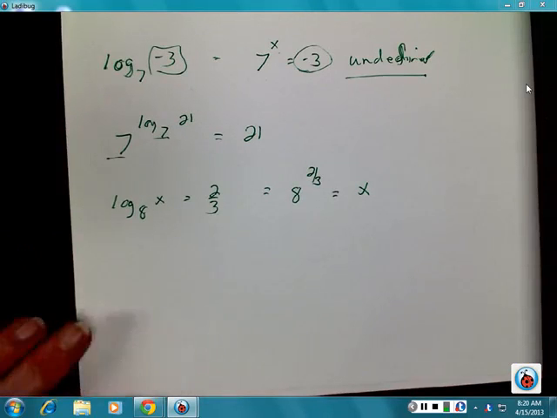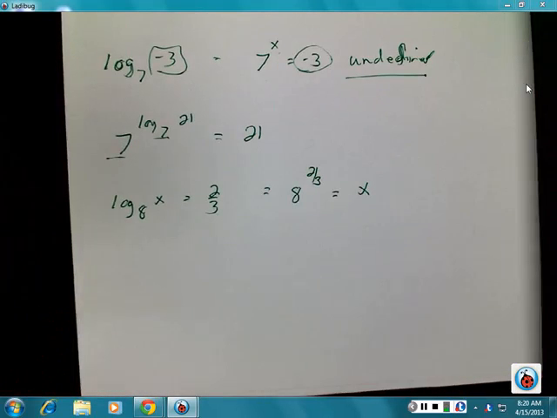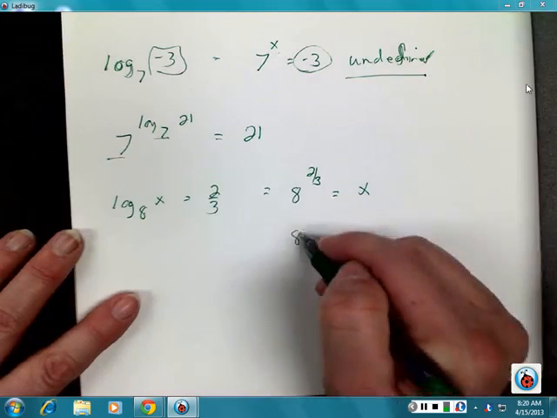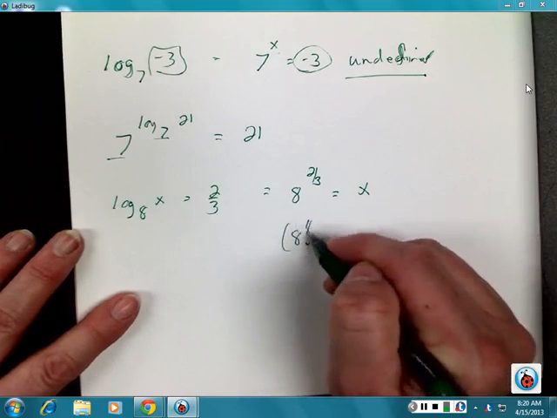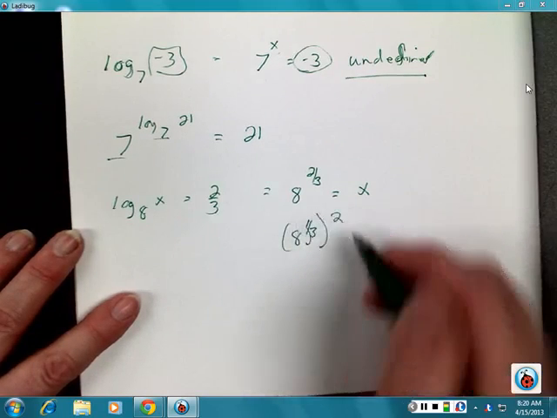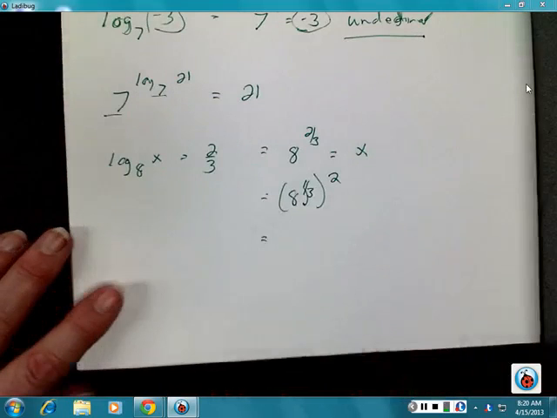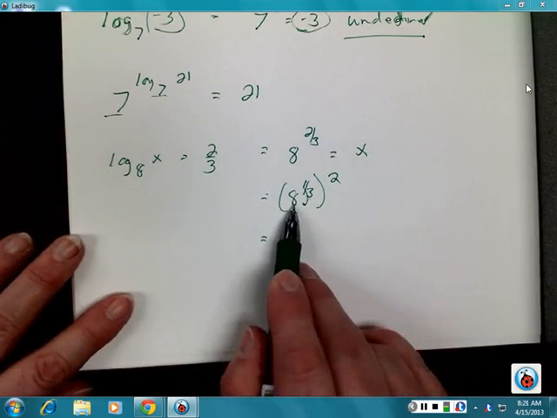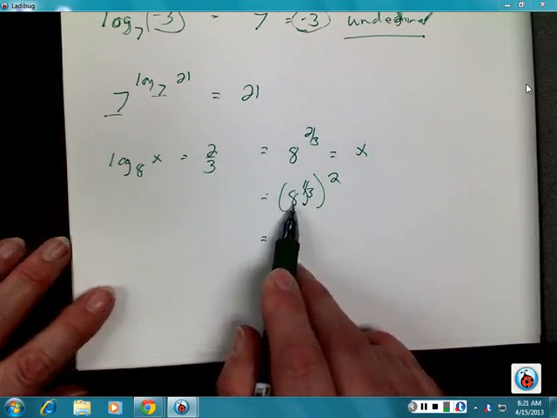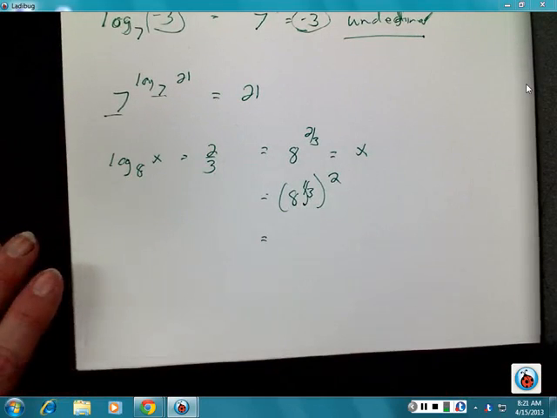So now it's kind of going back and looking like what we had in some of the previous sections. It's 8 to the 1/3 raised to the 2nd power, if you want an exact answer. So this means the cube root of 8. What's the cube root of 8? A little bit of chapter 9 coming back in here.